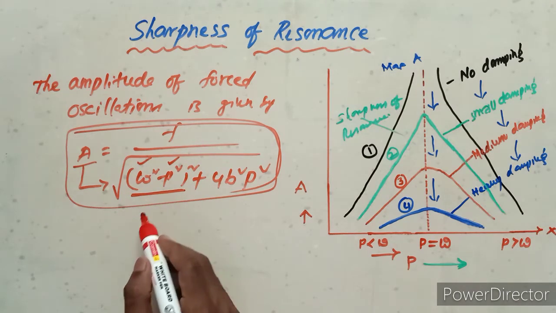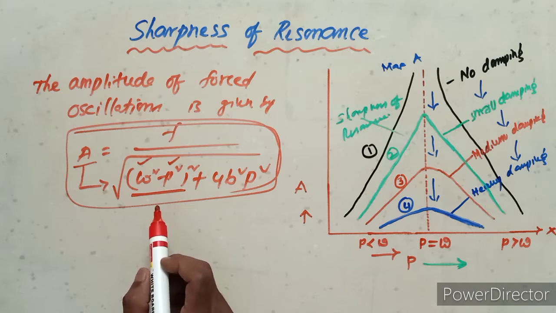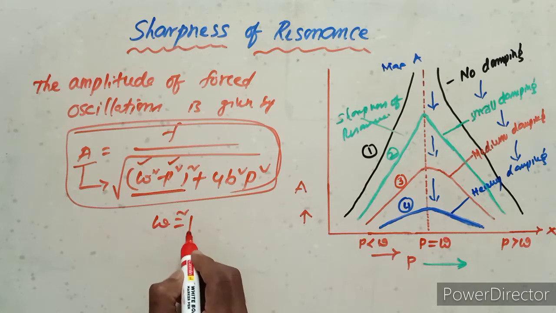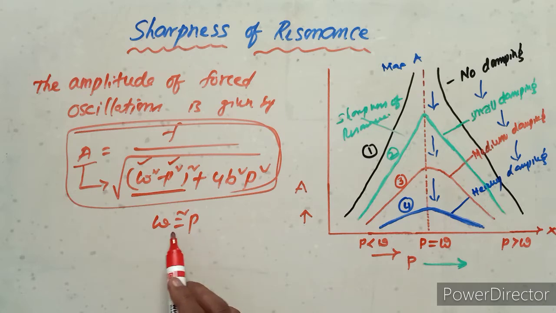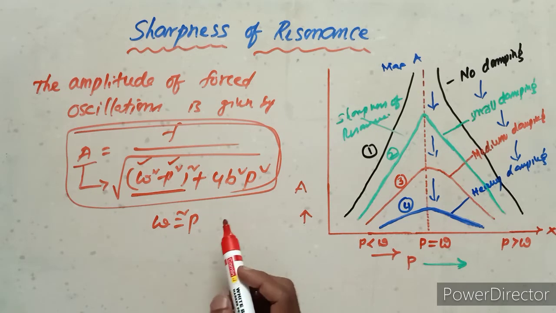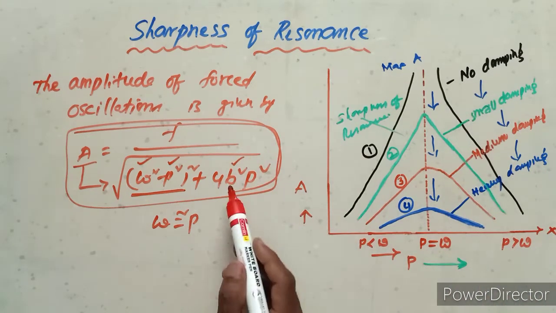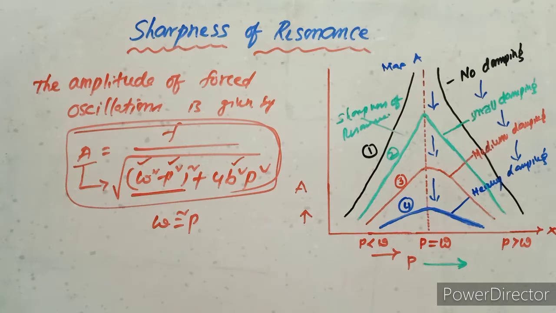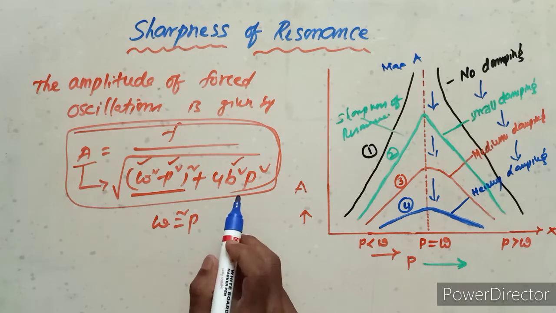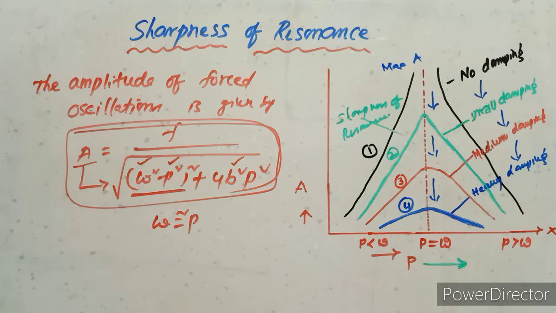In every case omega is approximately equal to P. And also here another case, damping. This is the damping constant. So these values are changing and amplitude changes. So one by one, we explain the four curves.